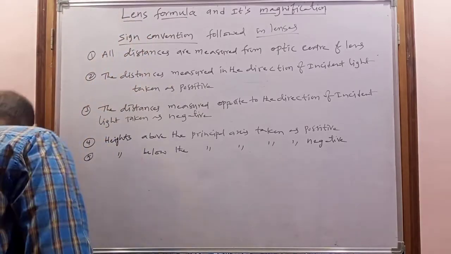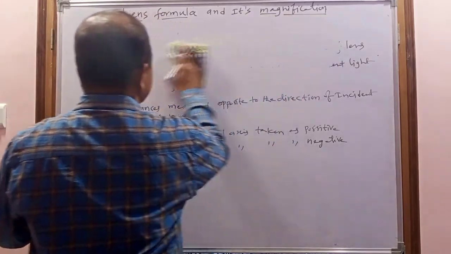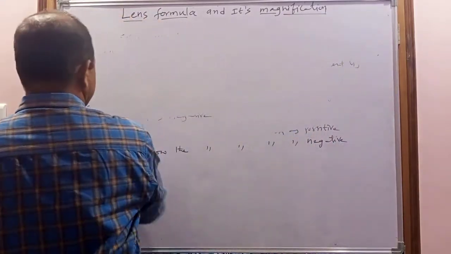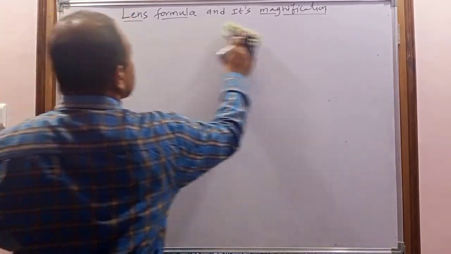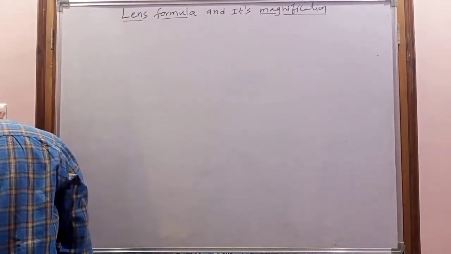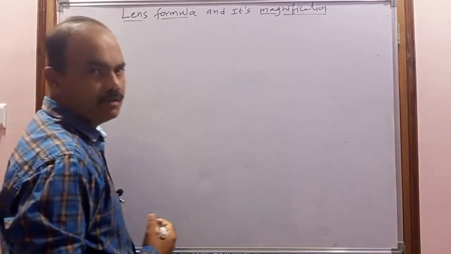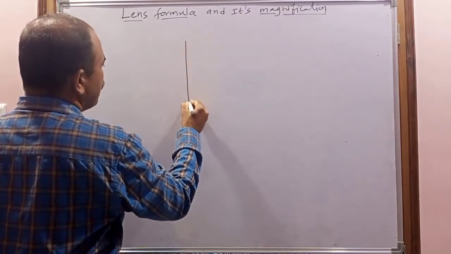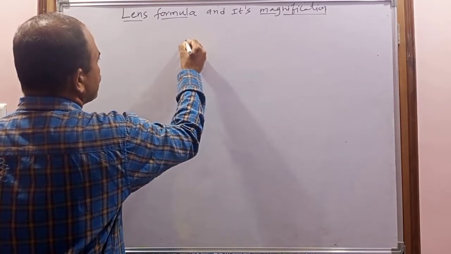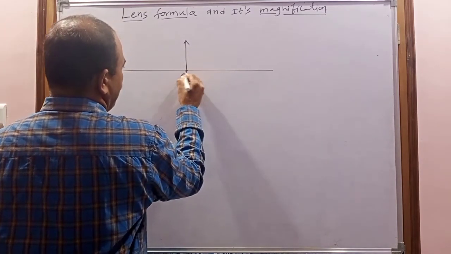Next, coming to the lens formula. To derive the lens formula, I am taking a convex lens first. This is the convex lens, and this is the principal axis and the optic center.